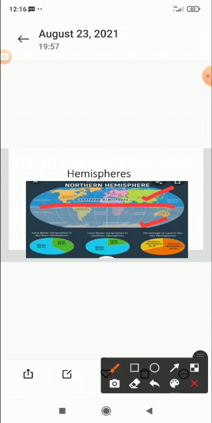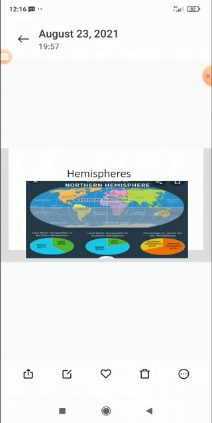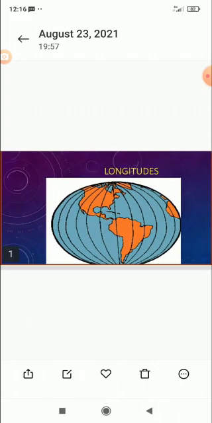Children, in which hemisphere is India located? Yes, India is located in the northern hemisphere. Which hemisphere has more water than land? Southern hemisphere.